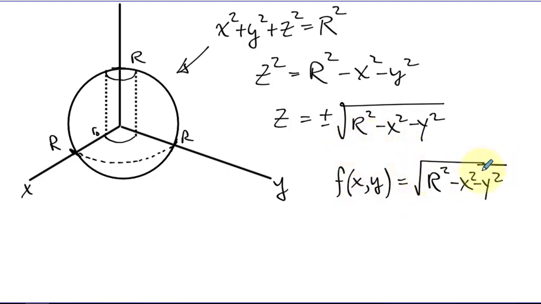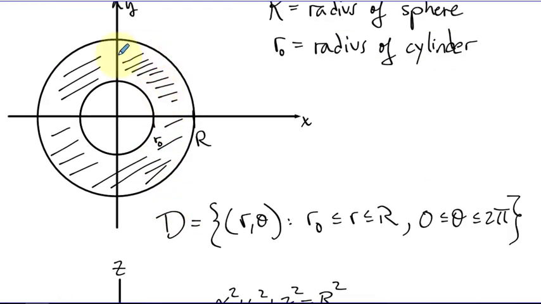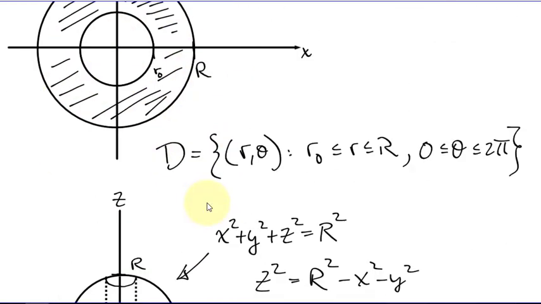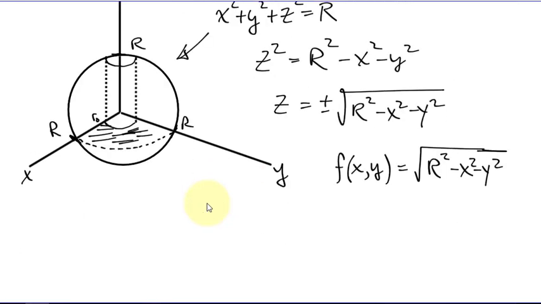So that's the function that I'm going to integrate, and this is a portion of that region that I had above. This shaded donut shape here, we're getting 1/4. We can see 1/4 of it here in the first octant, in the region where x and y are both positive.